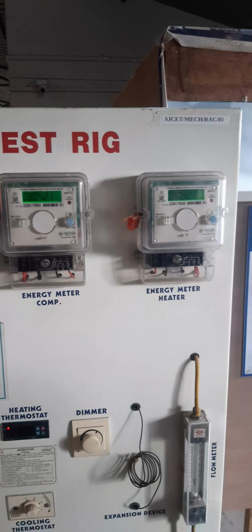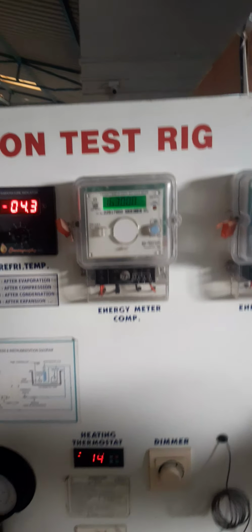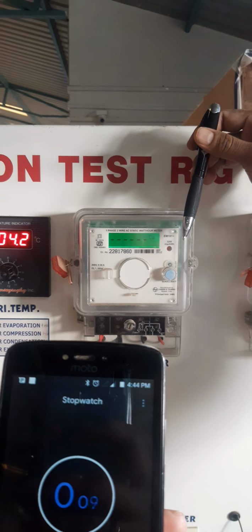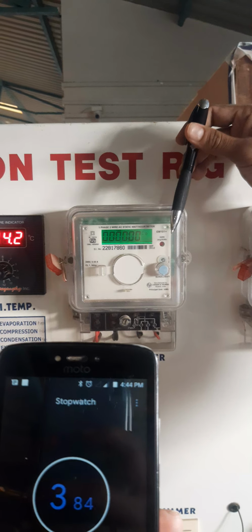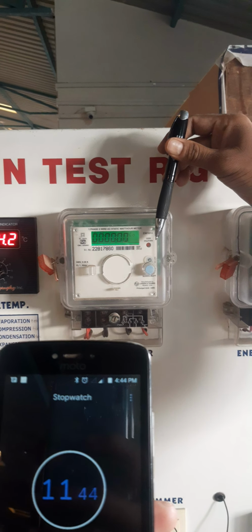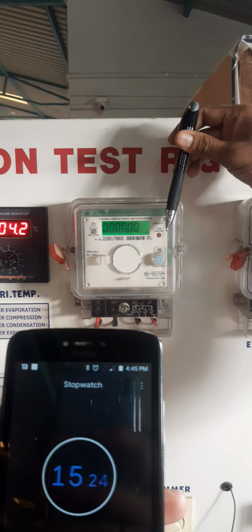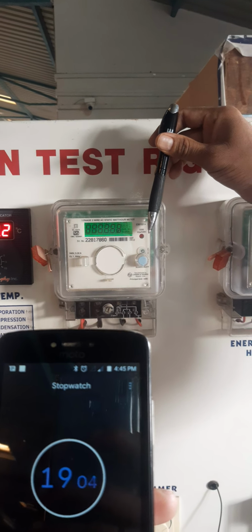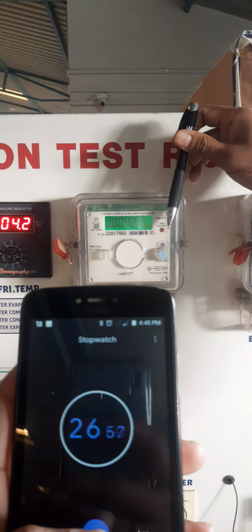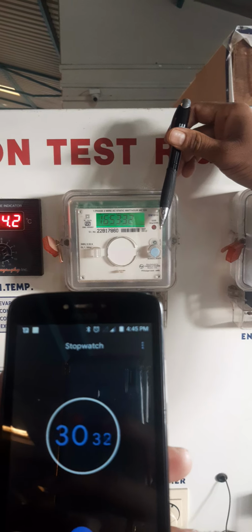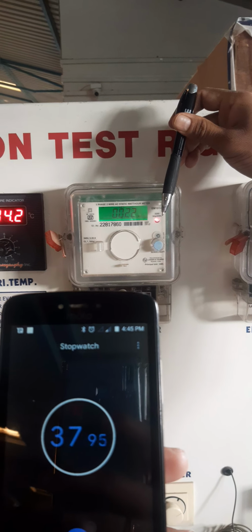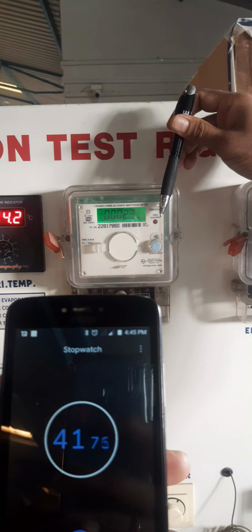Similarly we are going to find out how much energy is consumed by the heater. For energy meter 1, start. 1, 2, 3, 4, 5, 6, 7, 8, 9, stop.